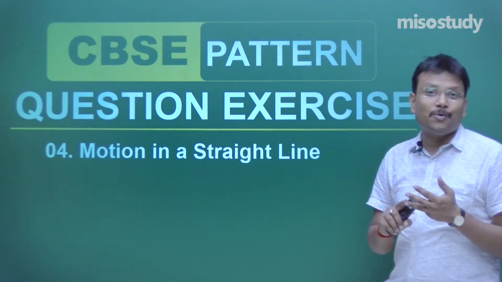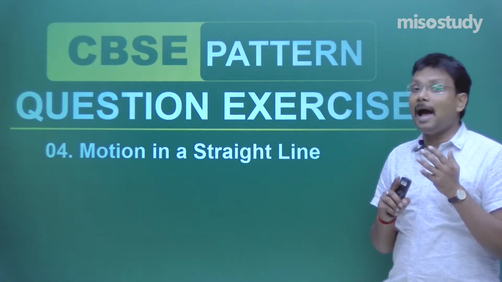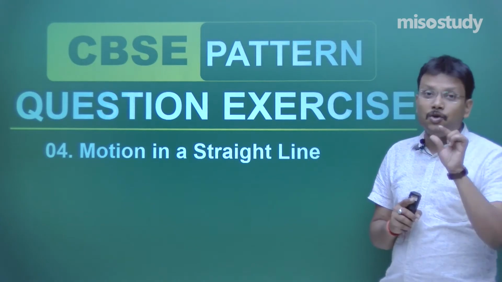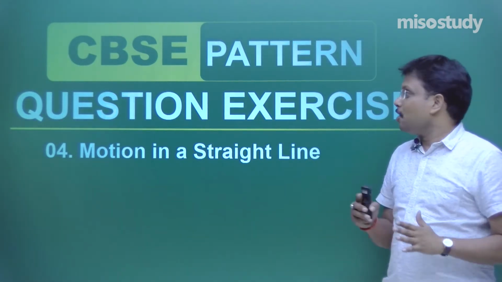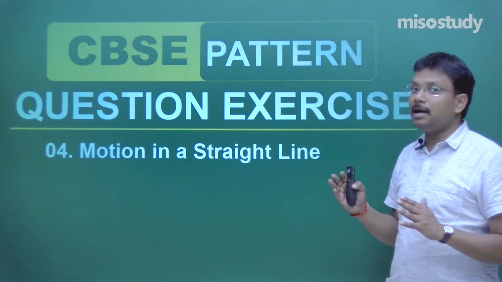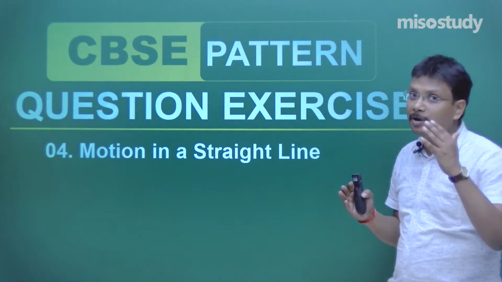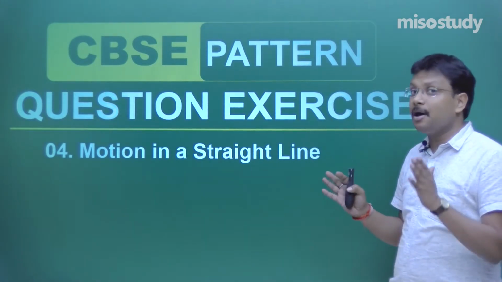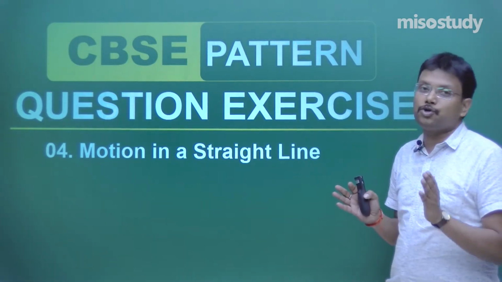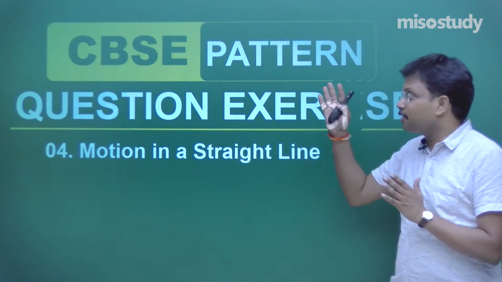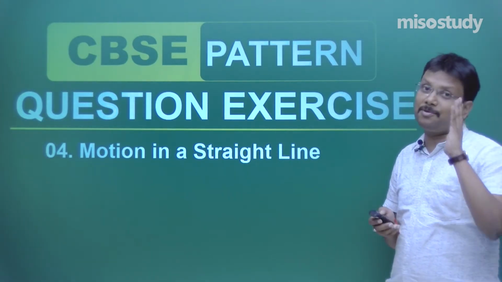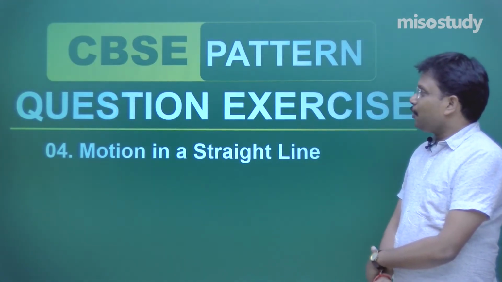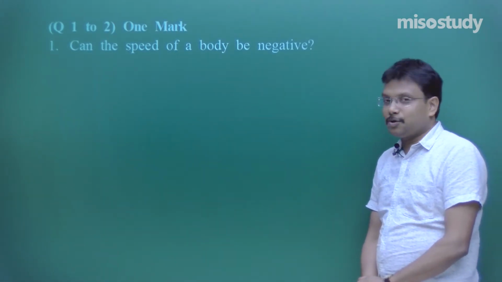What words you are using is important, and moreover you must stay within the prescribed word limits. I will not only discuss the problems but also tell you how you should write your answers, because you have to follow the same pattern in your board exams also. So here comes your first question.